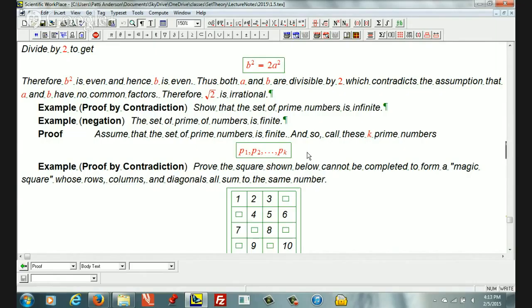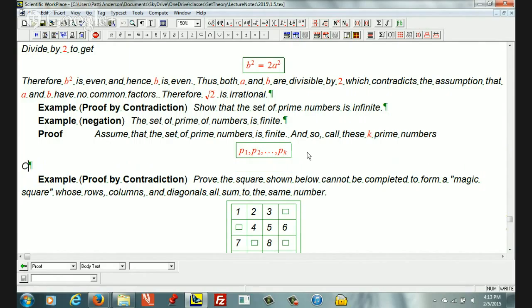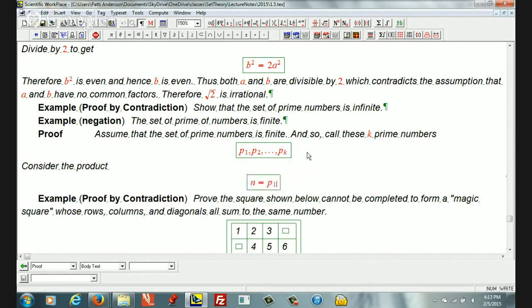Well, someone gets the cute idea to think about prime numbers being used to make all the other numbers by multiplying them together. So we write the product, and we're going to call it N, and we're going to add 1 to it. So N is going to be 1 larger.